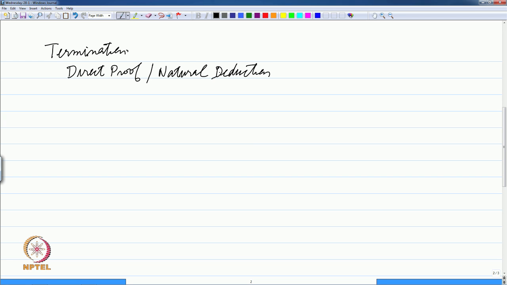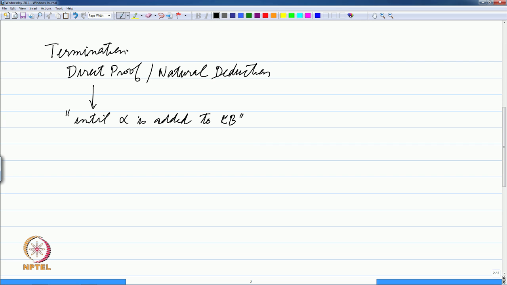We have thrown in the term deduction here. At this moment we will simply say that deduction is that form of inference which uses valid rules of inference. And what we do in direct proof is that the termination criteria is until alpha is added to the KB, where alpha is the sentence that you are looking for.